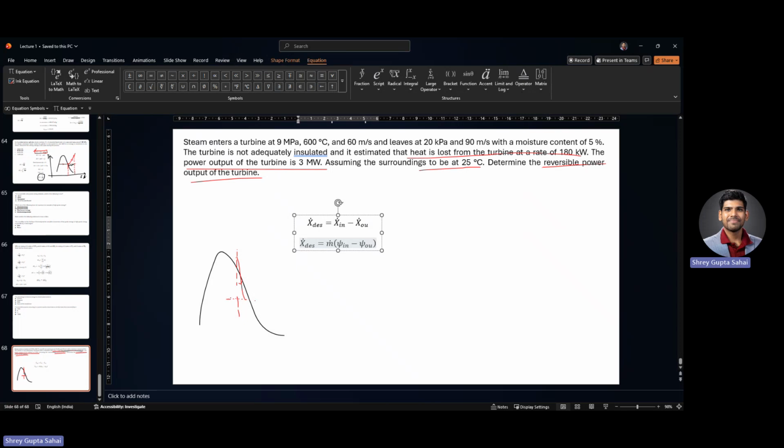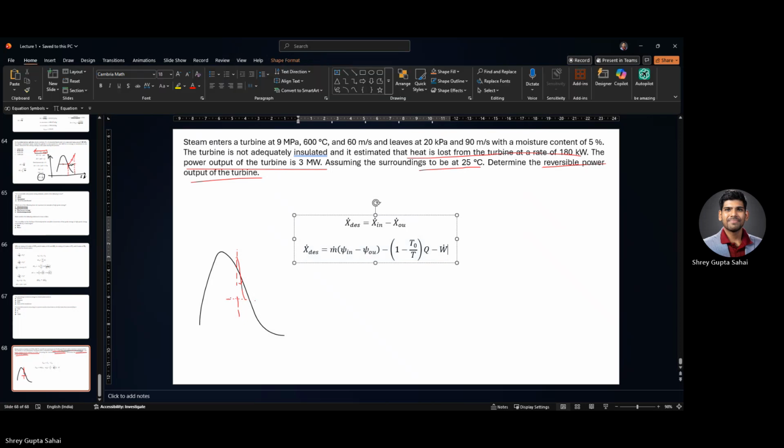That will be because you are losing some exergy. Some Q, and then there is some exergy work done also. What is phi?